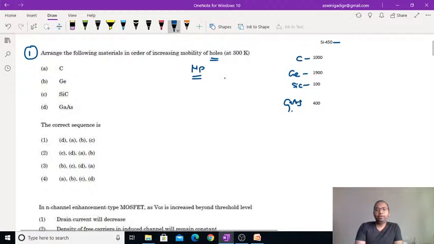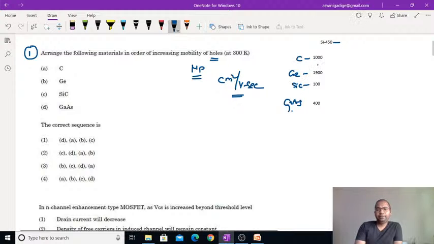The unit of mobility is centimeter square per volt second. Remembering the units is also very important for the UGC NET exam.